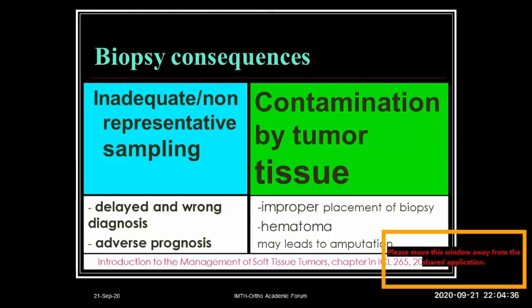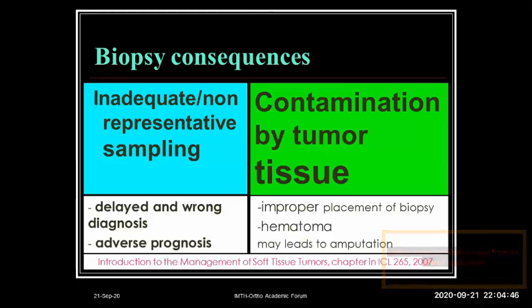And unfortunately, if you don't take care of those principles, maybe you are going to let the patient go for amputation. You will not give the patient a chance for any salvage procedure.